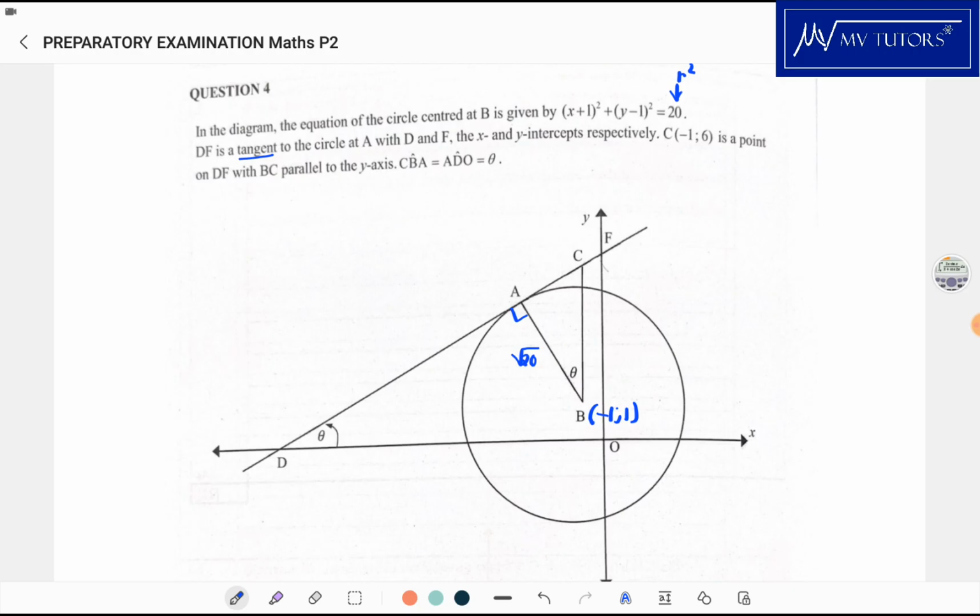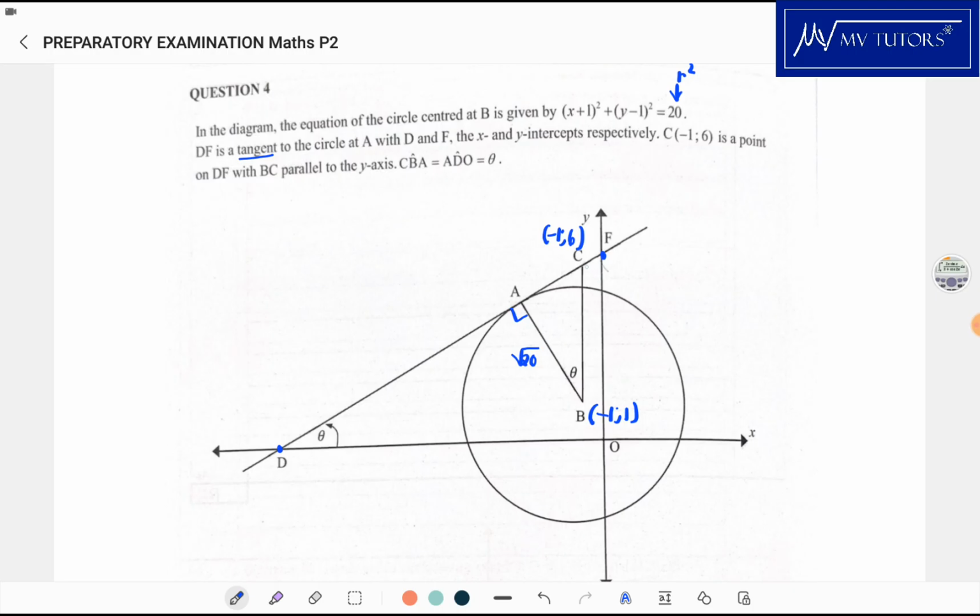The x and y intercepts respectively. Okay, yeah, D and F are the x and y intercepts. C, where is C? Oh, there they gave us, it's -1 and 6 is a point on DF, right? With BC parallel to the y-axis. We can already see they have the same x coordinate, right?